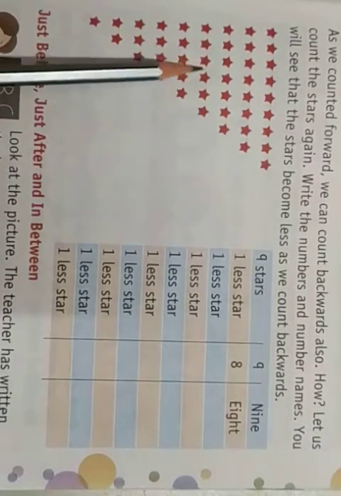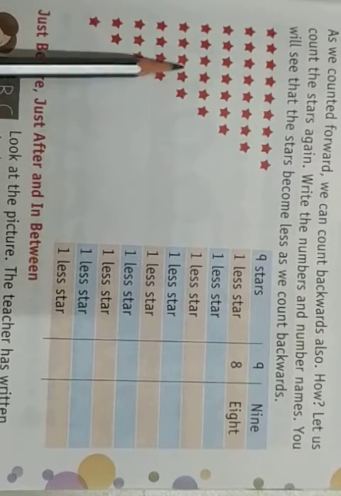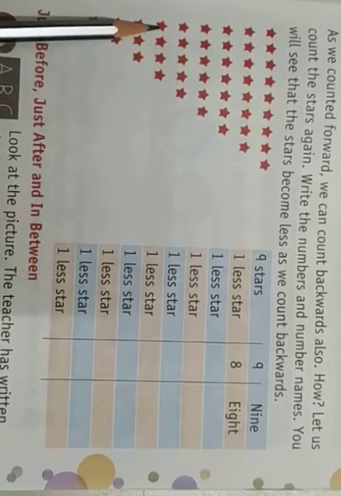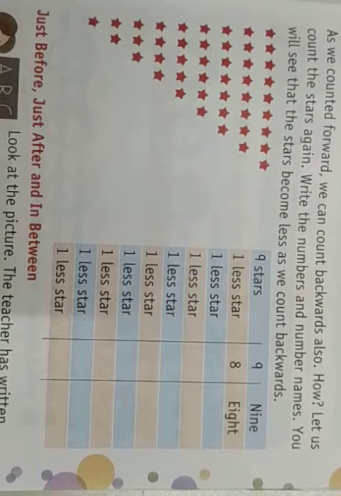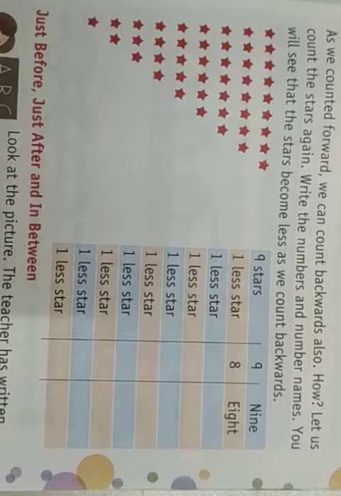Here 1, 2, 3, 4, 5, 6. 1, 2, 3, 4, 5. 1, 2, 3, 4. 1, 2, 3, 1, 2, 1. So here, as we count backward, we are going to get one less star. Okay?